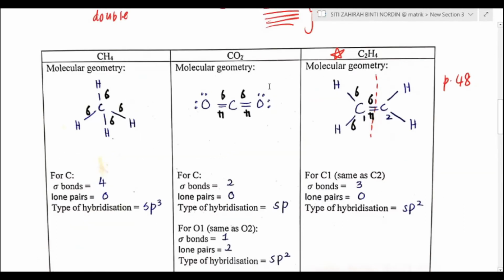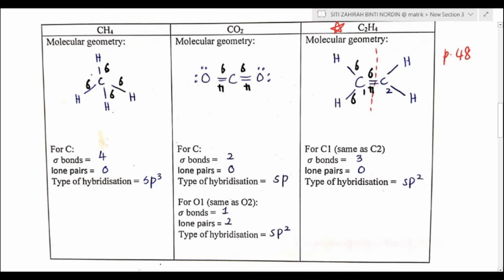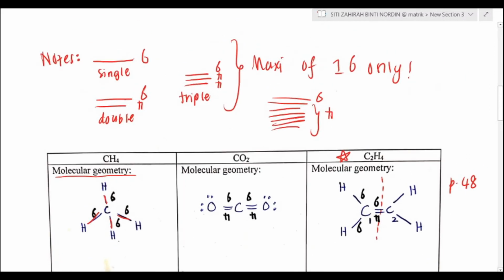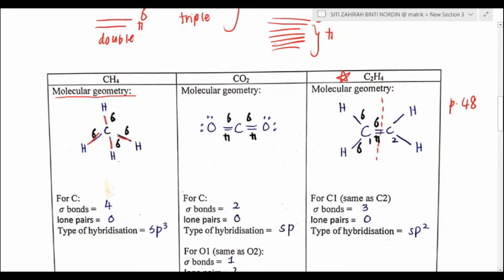So look at CH4. This is the molecular geometry. I want you to know how to write the molecular geometry right now, because we determine everything from the molecular geometry, not the Lewis structure. For CH4, we've got four single bonds. One single bond consists of 1 sigma, so 4 single bonds consist of 4 sigma.